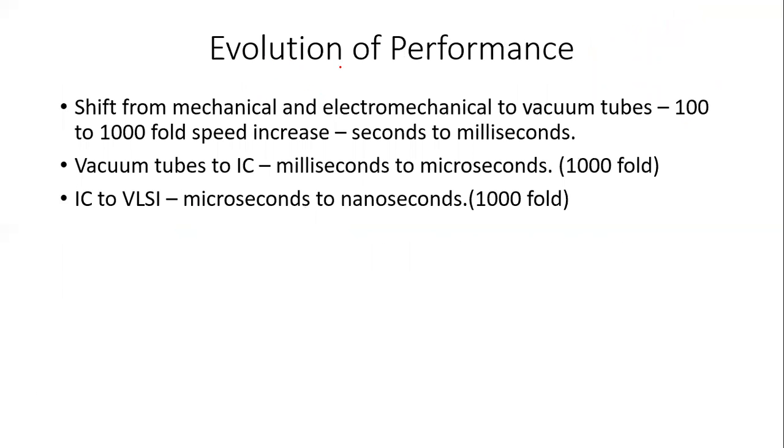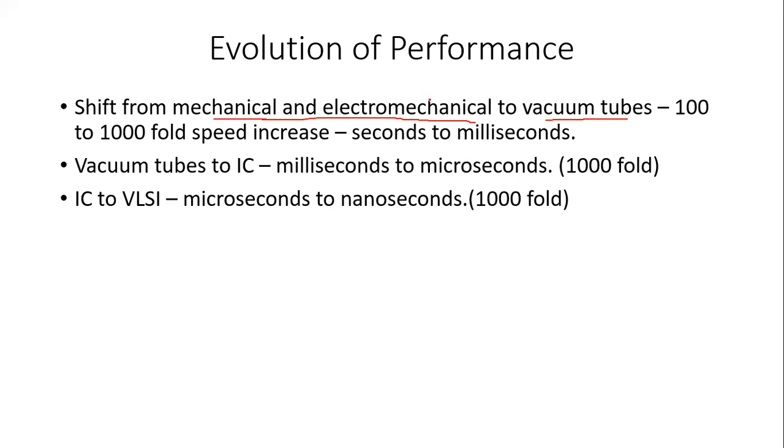If you see the evolution of computers in terms of performance, there was a shift from mechanical and electromechanical devices to vacuum tubes. Before vacuum tubes, electromechanical and mechanical technology was used for performing arithmetic operations.